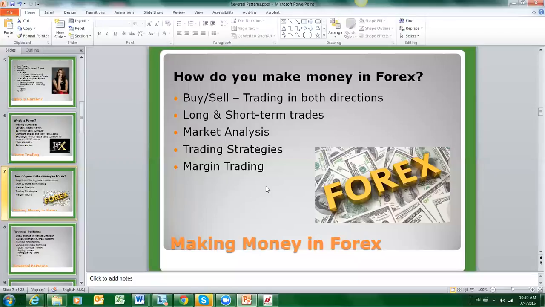It's always a pair. You can't just sell one currency in a vacuum. It has to be something on the other side of it. So we may have euro dollar, pound dollar, Aussie dollar, or New Zealand dollar versus Australian dollar. There are always two currencies involved in a trade.